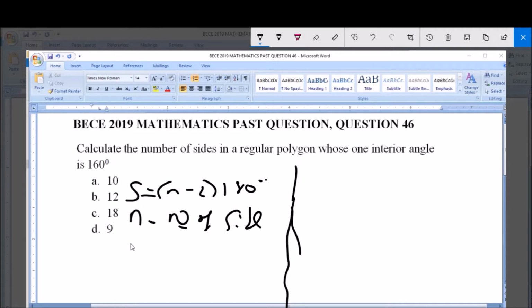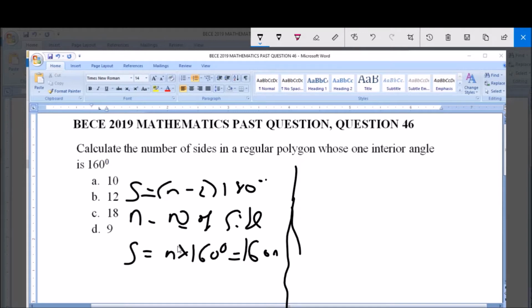Now since S is the sum total of the interior angles and we don't know the number of sides, we say that S is equal to the number of sides multiplied by one of the interior angles. Since it is a regular polygon, the interior angles are equal, so this is equal to 160n.